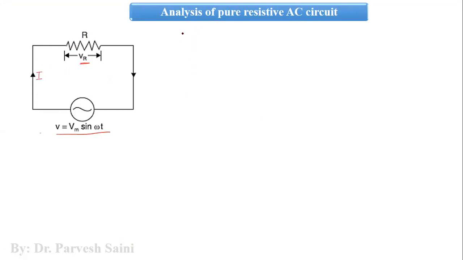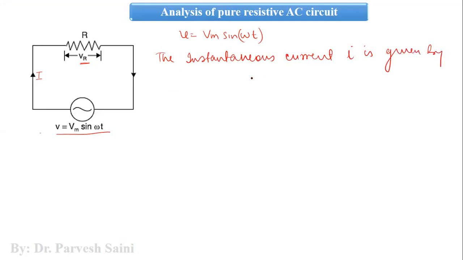Now, the voltage V is Vm sine omega t. However, we also know that the instantaneous value of current I is given by I is equal to V by R. So this is the instantaneous value of current in this particular circuit.